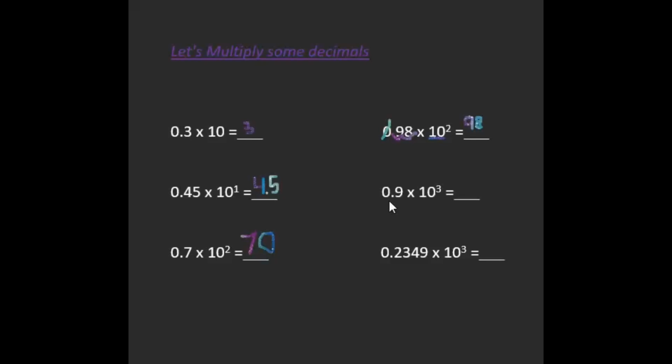Okay, so 0 and 9 tenths times 10 to the power of 3, or thousands, sorry. So we know that 10 to the power of 3 is 1000, and we know that the decimal point moves by the powers of 10.